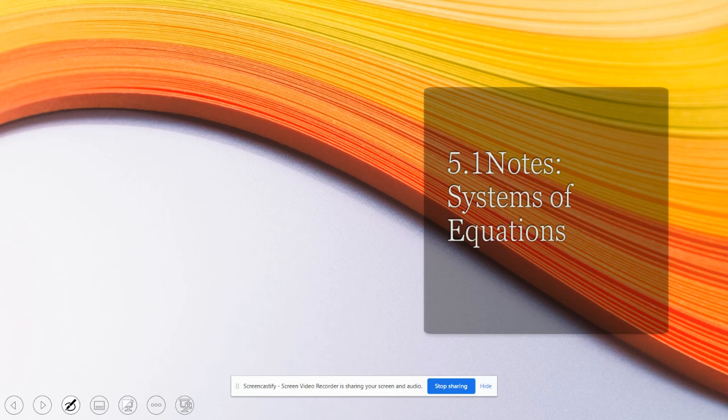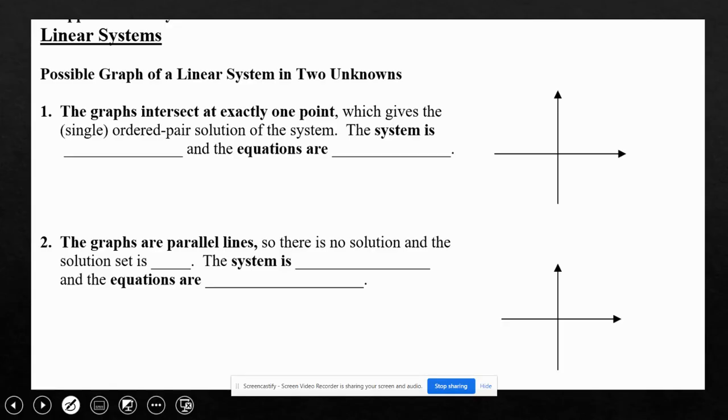You have the note packet that was uploaded onto our Google Classroom, and the first part of the notes we're going to talk about is what linear systems are. So we have three different types of solutions for linear systems.